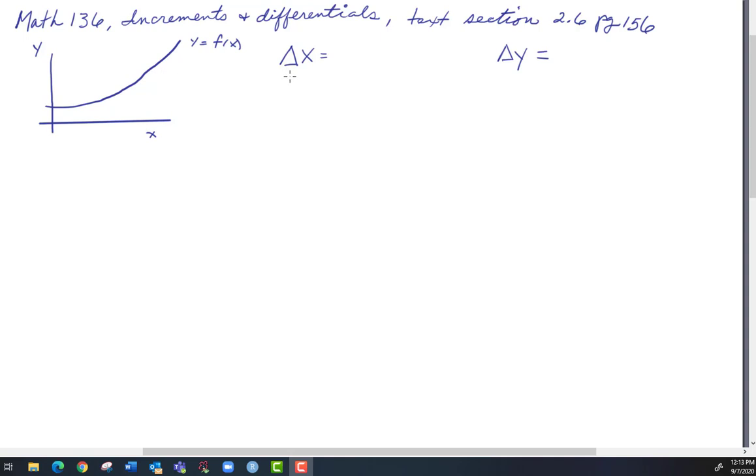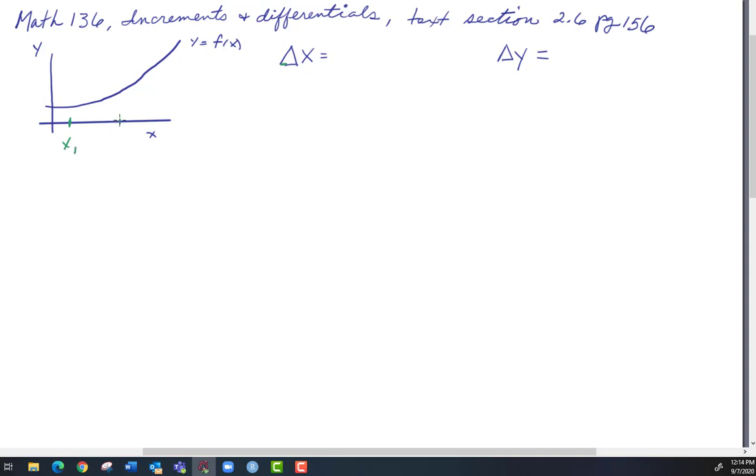I think we know that an increment of x, just a little chunk of x, is often written as delta x. And we can talk about a change in y as being delta y. Now let me start illustrating here by putting a value x1 on this horizontal axis.